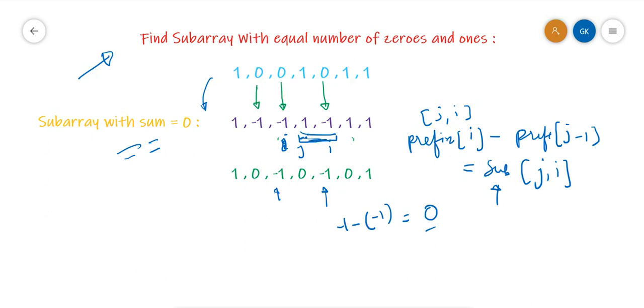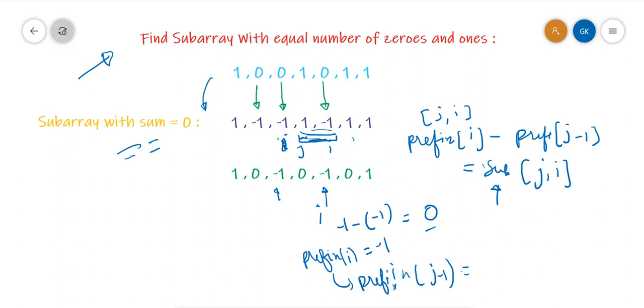So what does that mean? It means that if we are currently at I, and prefix of I is -1, and there exists a j minus 1 where the value of prefix of j minus 1 is equal to the prefix of I, then from j to I there exists a subarray which is having sum 0.